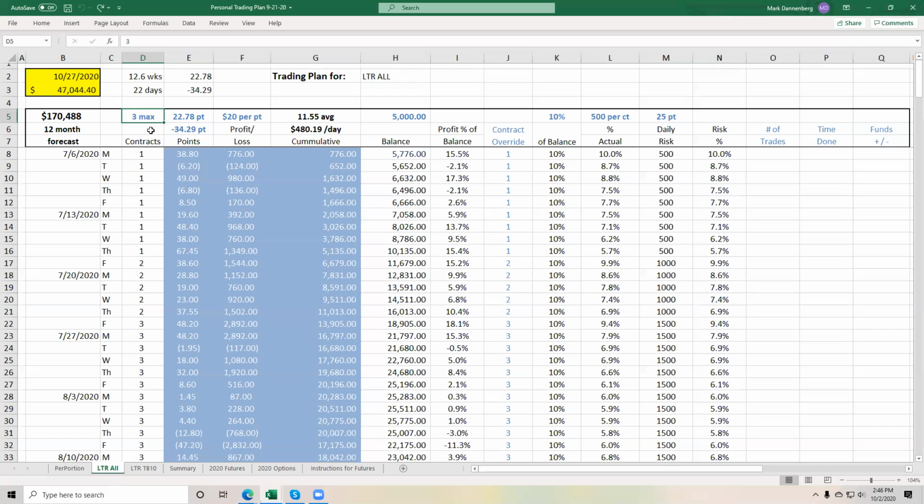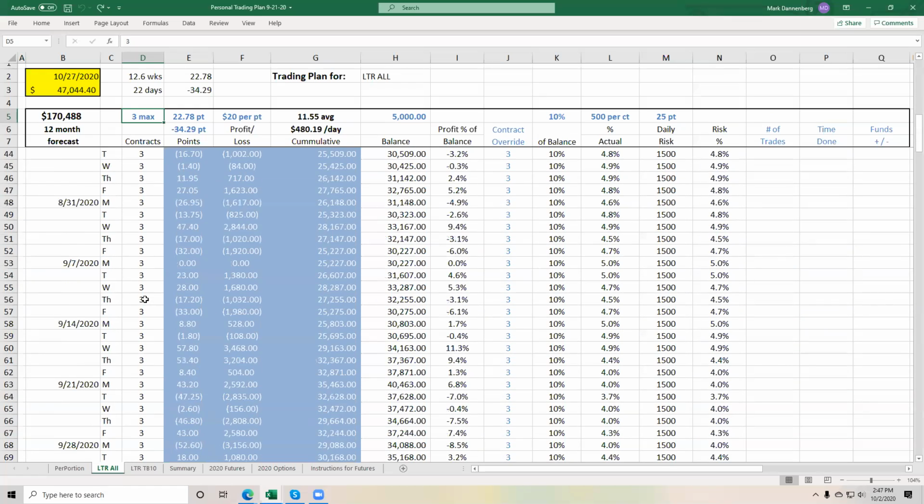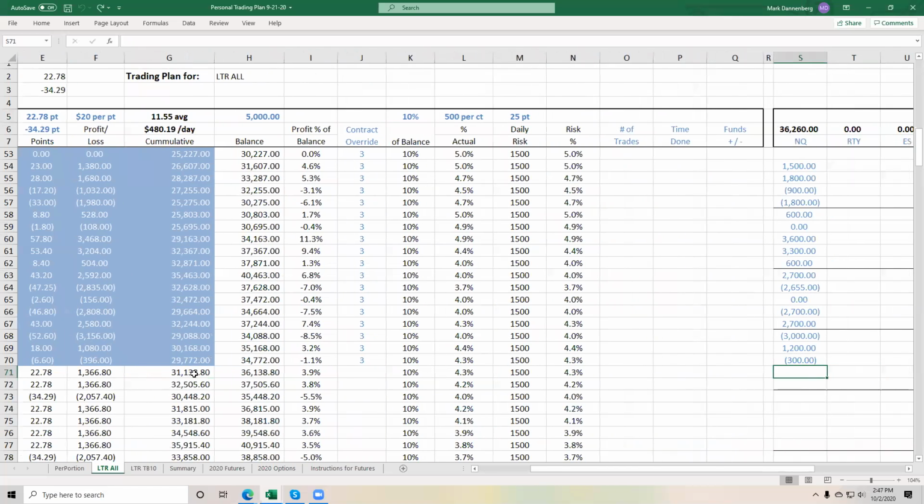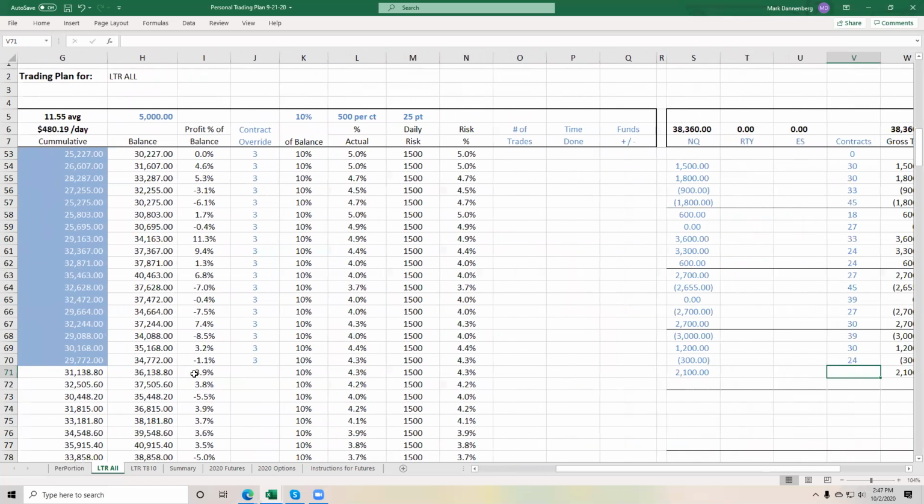It's a mathematical formula that's based on a percentage of the balance of the account allocated to margin required for each contract. So us trading 3 contracts, we made $700 per contract yesterday. So that would be $2,100 profit yesterday. We took 12 trades, 3 contracts per trade, so 36 contracts.